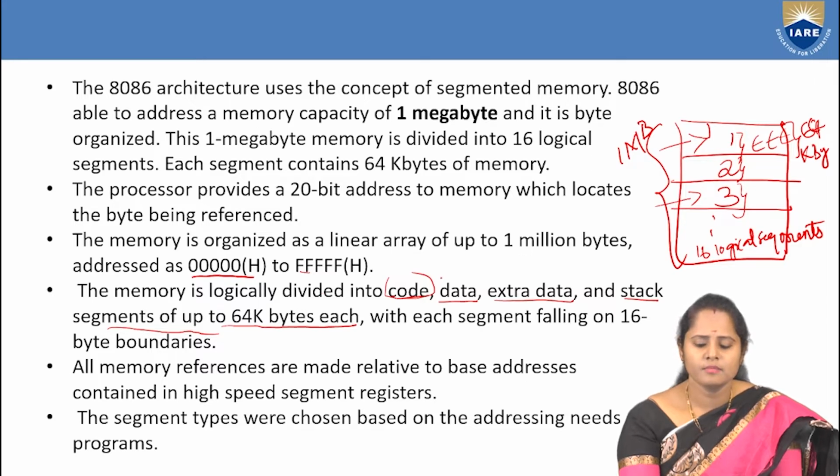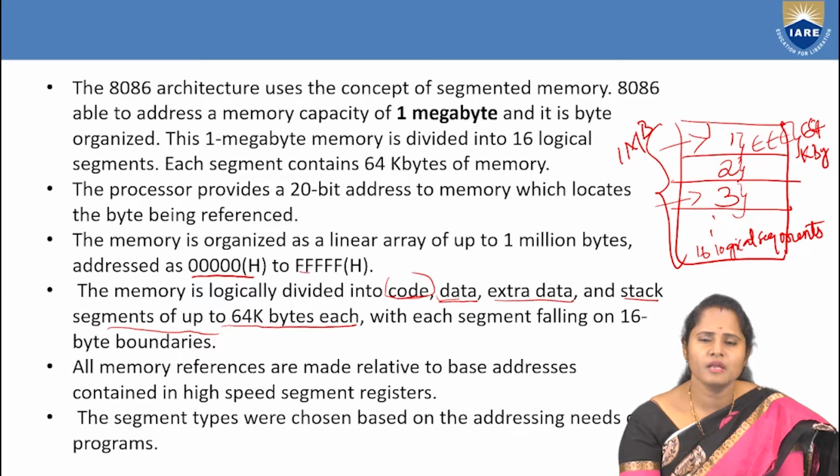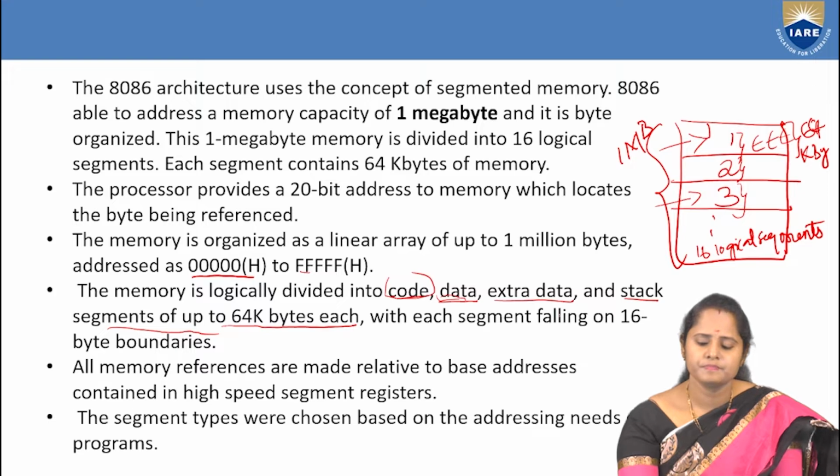And what is a data segment? If I am going for data processing, like simple addition and subtraction operations, and I am given data in the form of a string, the string of data should be stored in some memory location from where I can take my data. That is present in the data segment.